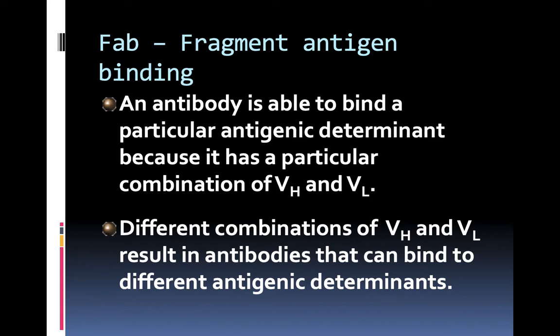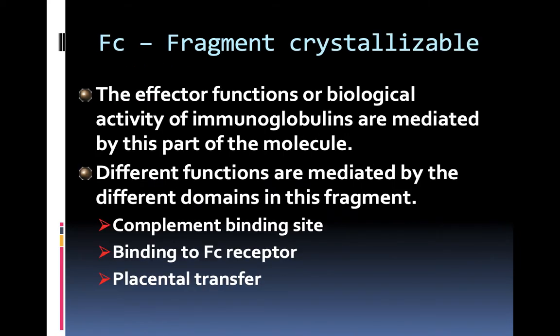They assist or contribute to the whole binding process. Okay. Now let's take a look at the fragment crystallizable region. The Fc region mediates the effector functions or the biological activity of the immunoglobulin, especially after it has already bound to an antigen.